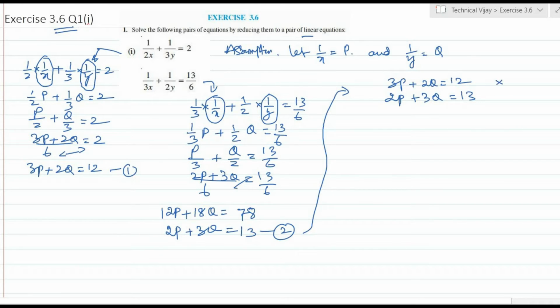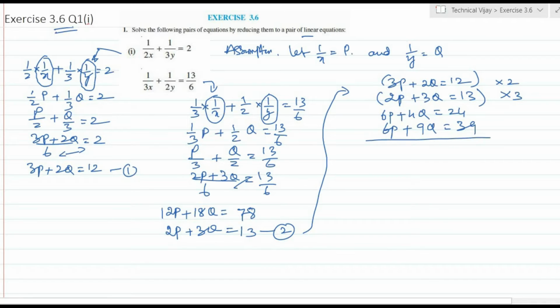So this whole equation can be multiplied with 2 and this equation can be multiplied with 3, so that the p coefficients will become equal. So now 3 into 2 is 6p plus 4q is equal to 12 into 2, which is 24. And 3 into 2 is 6p plus 9q is equal to 13 into 3, which is 39.